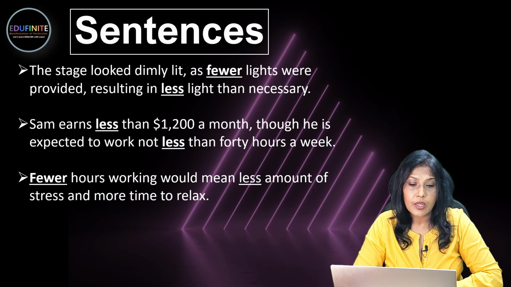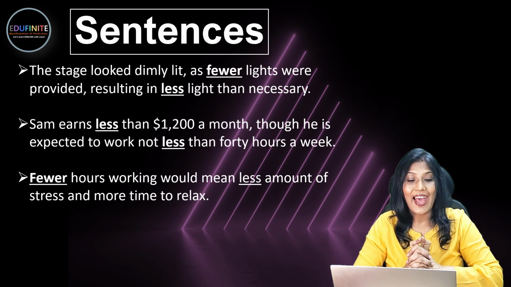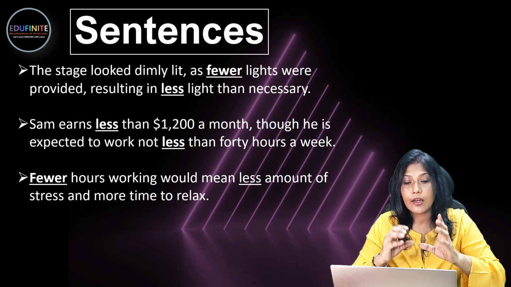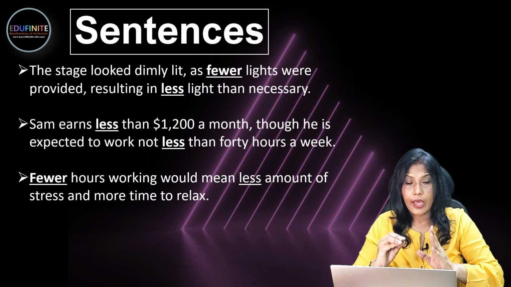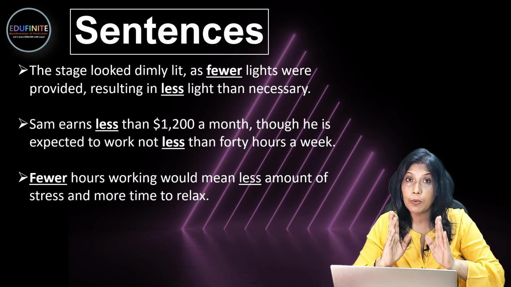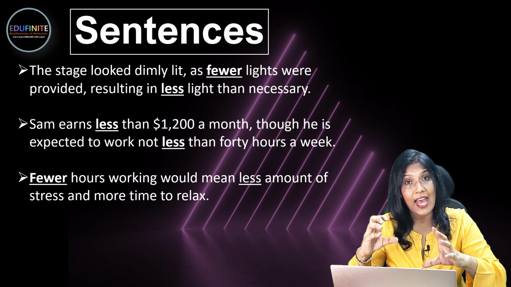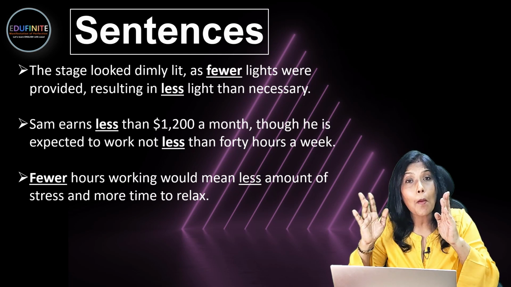Fewer hours working would mean less amount of stress and more time to relax. So again over here, hours is the unit of time. Hence, this is considered plural. So you understand the difference. When you are using less than 40 hours, that is considered as a compact unit.